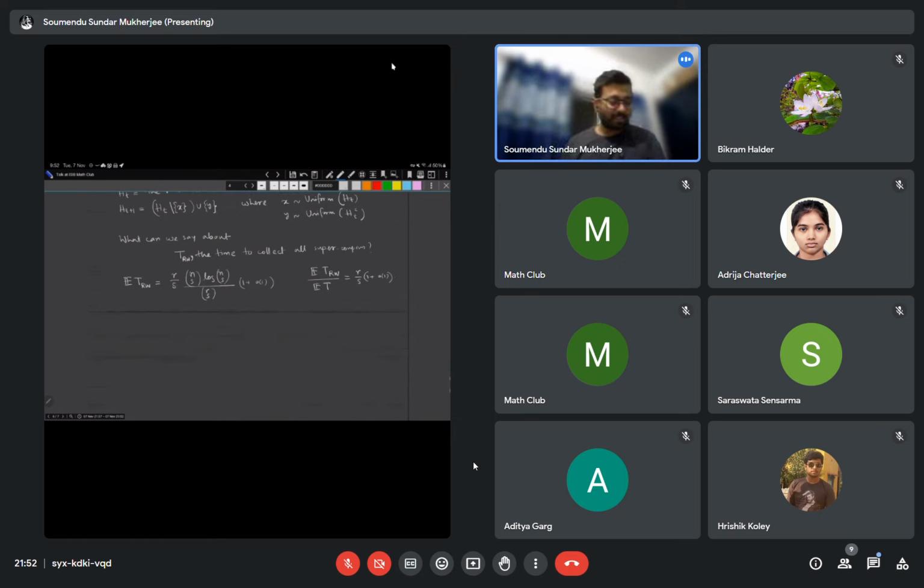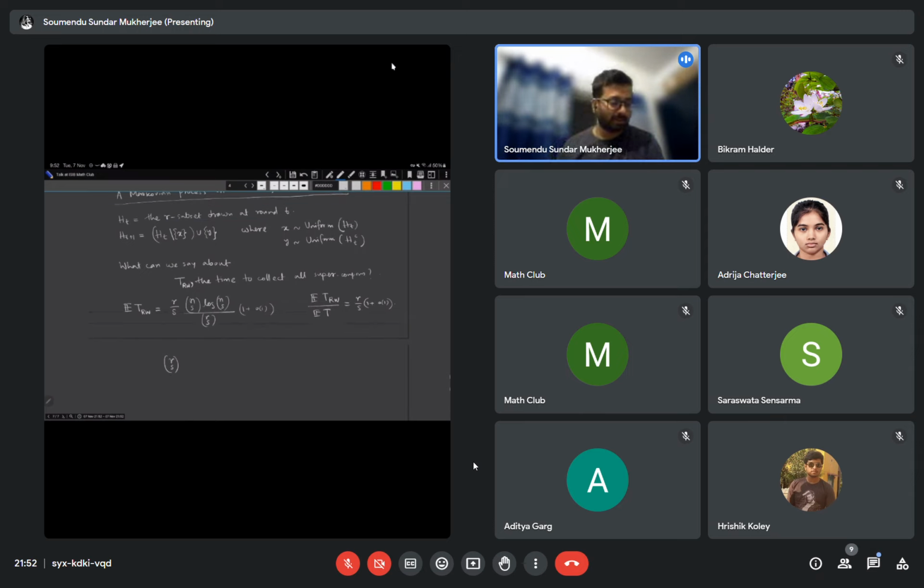Now you might wonder, where do I get this R by S factor from? The heuristic guess is that if you did not have any dependence, then at each round I am collecting R choose S new coupons, R choose S distinct coupons at each round, potentially distinct from the previous round. What about this new process?